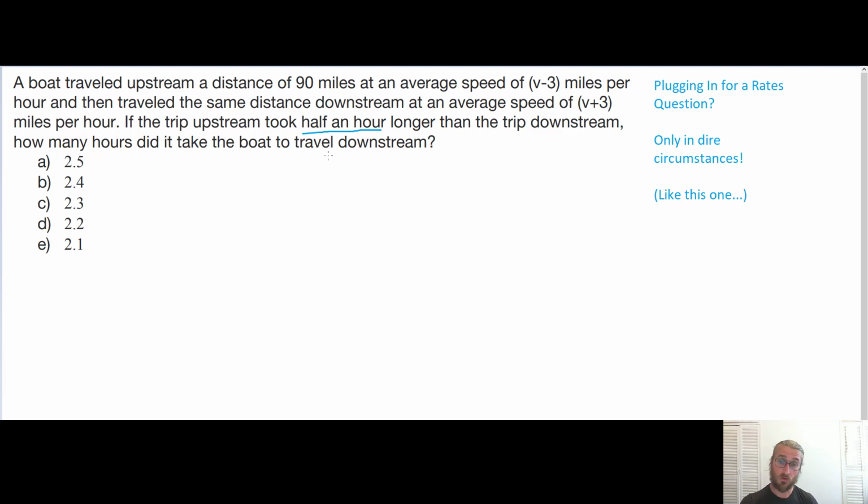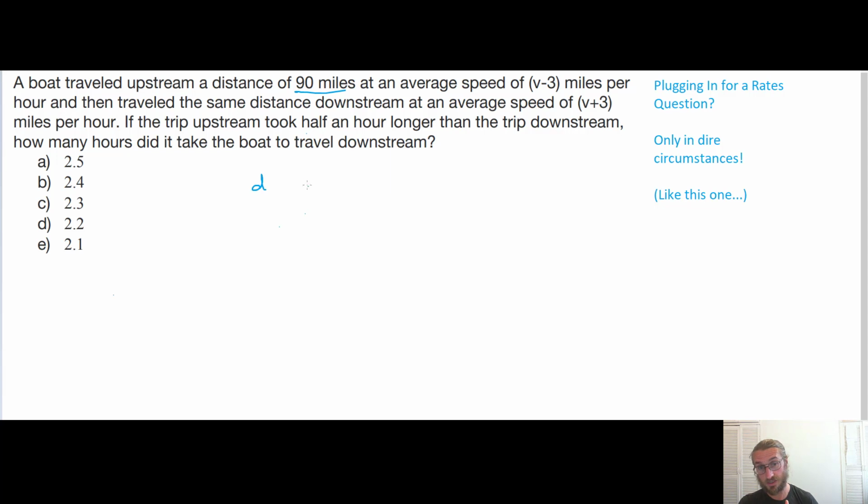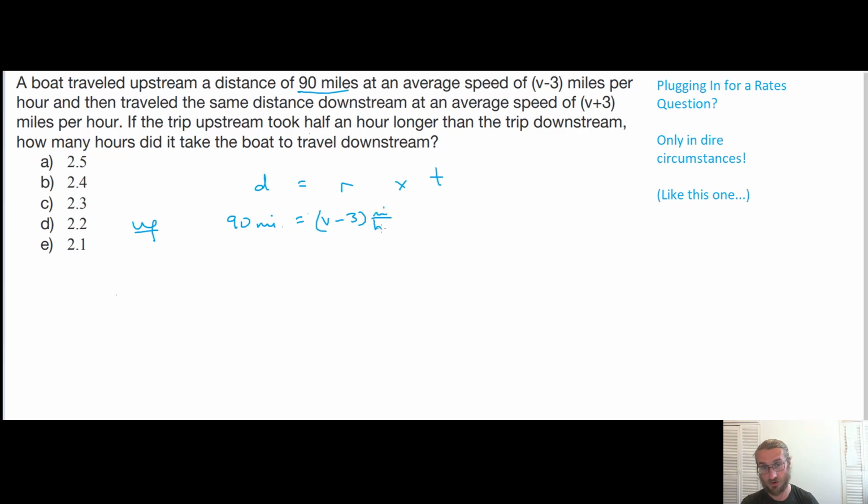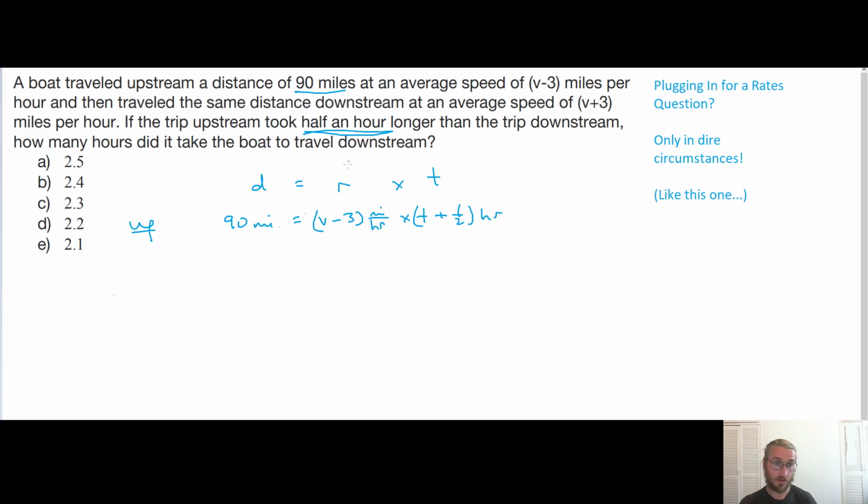Now remember, when you're writing a rates question, be sure to write your units. It's going to save you hassle in the long run. A distance of 90 miles, that's our distance. And remember, distance equals rate times time always. 90 miles, if we go upstream here, is going to be the rate of v minus 3, the slower rate, v minus 3 miles per hour times t plus 1/2 hours, where we're setting t as the shorter time, the time it took to travel downstream.